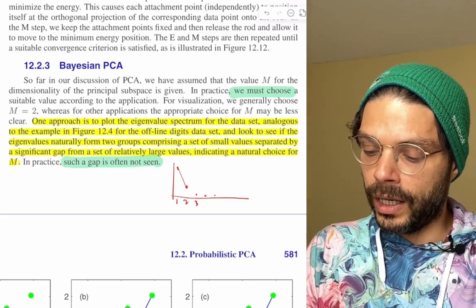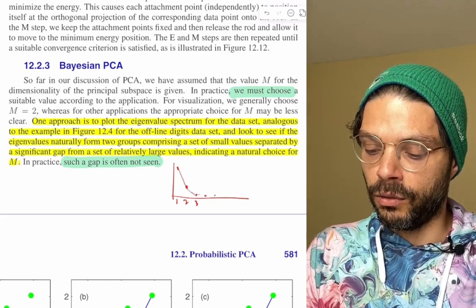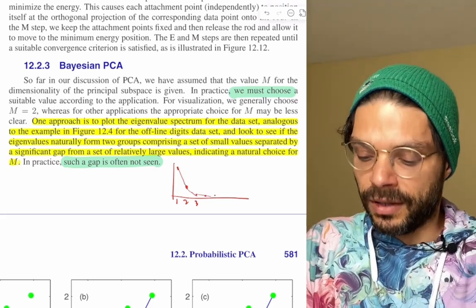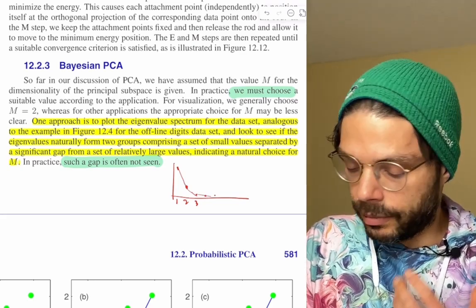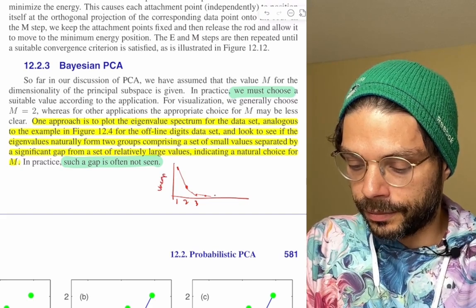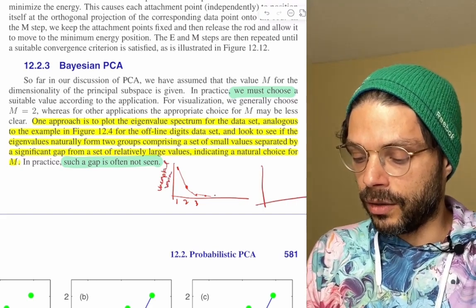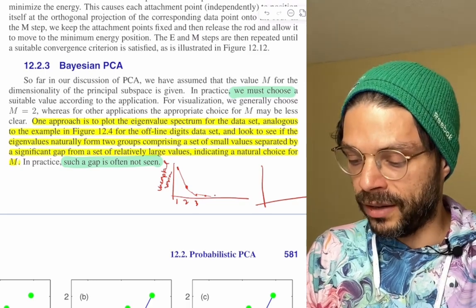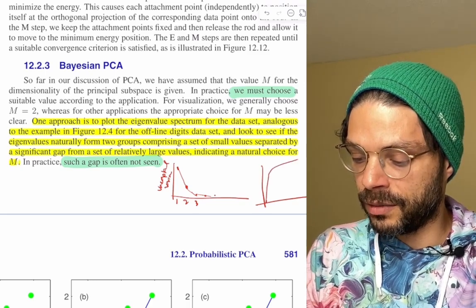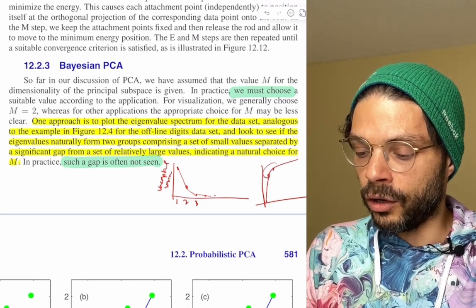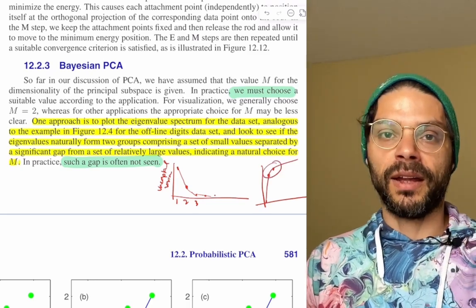And you say, oh, it looks like there's an elbow between 2 and 3, so I'm going to pick that. This is the unexplained variance. You do the same thing with the explained variance, which is just 1 minus it, and maybe it looks like this. And you look for an elbow like that, and it's very imprecise.